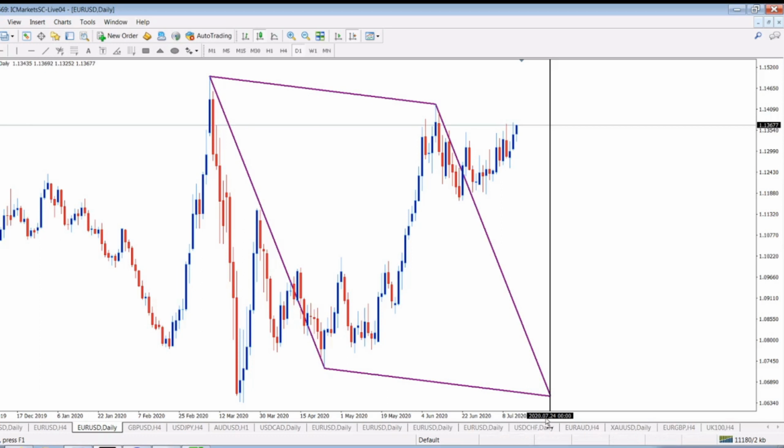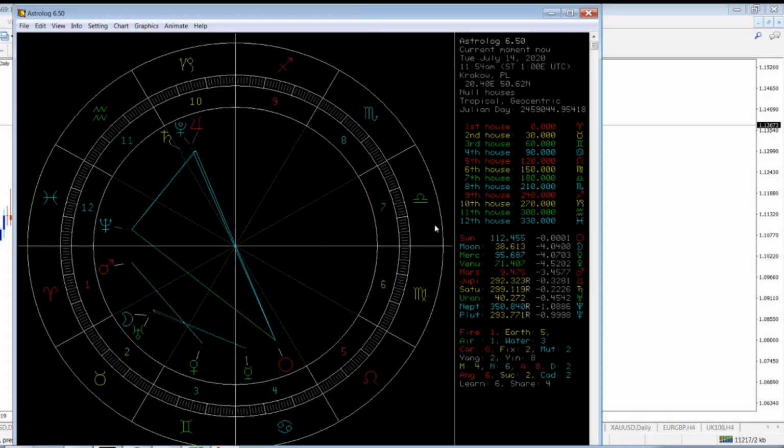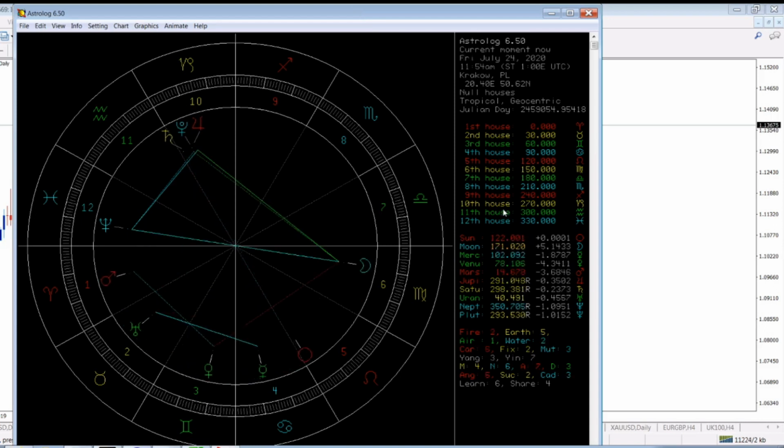Just let me go to Astrolog. So what Astrolog shows at the date of 24th of July, we will be right after the sun has entered the Leo sign, the Leo zodiac, and we got some lovely opposition a day or 2 days before.